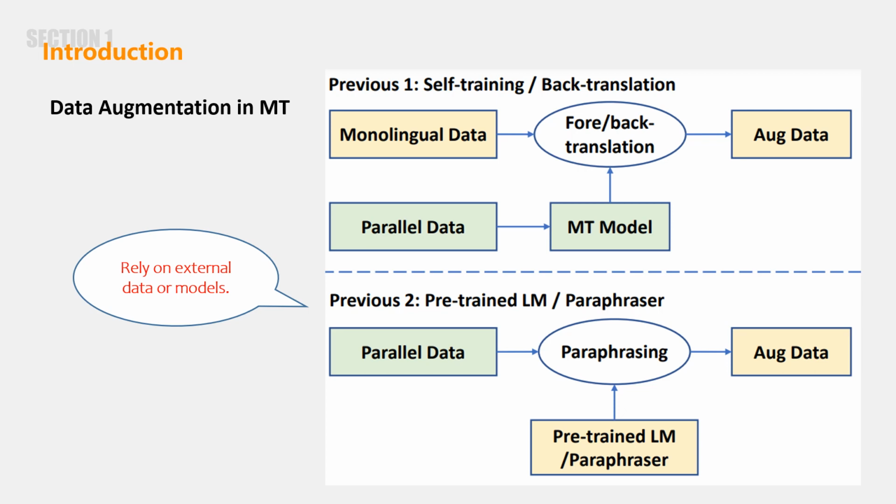One involves monolingual data, translating monolingual text to its source or target language using forward or backward translation. Another leverages pre-trained language model or paraphraser to paraphrase existing corpus to generate augmented data. These methods rely on external data or model.